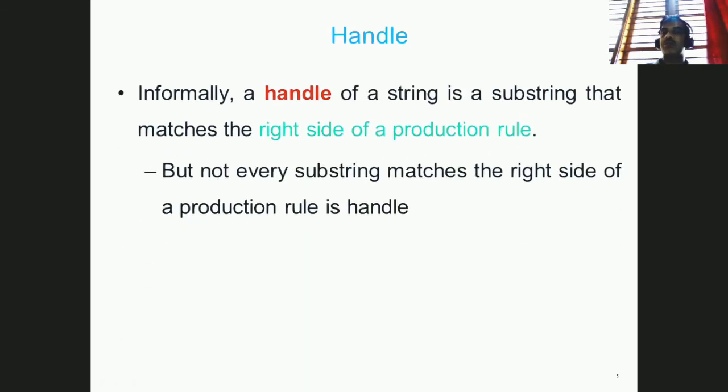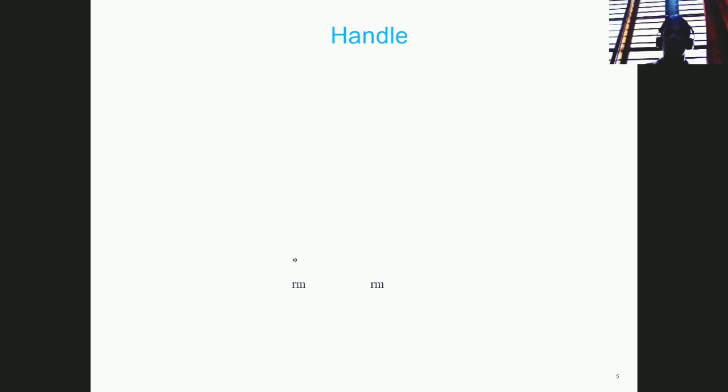But not every substring that matches the right side of a production rule is a handle. Even though we find a is a substring, it does not become a handle, because if I replace the first a by capital A, it may not generate the previous right sentential form. That's why not every substring will become a handle.